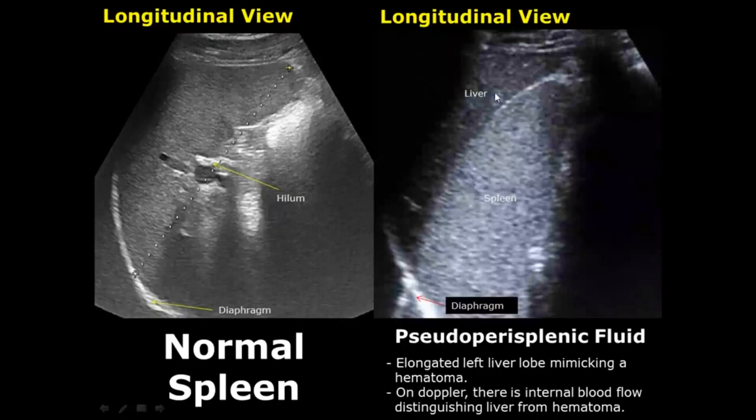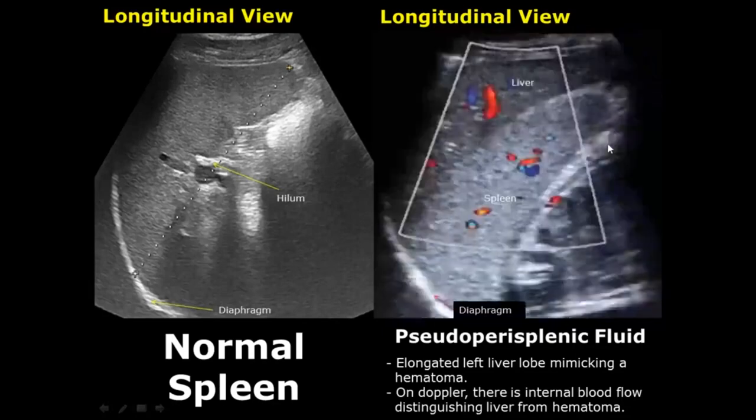Sometimes an elongated left lobe of the liver can reach the area of the spleen and can come in the field of view. This can mimic a hematoma. Here is the liver actually, it is not a hematoma, and we can distinguish it by using color Doppler.